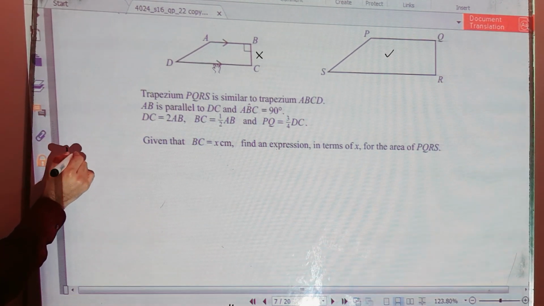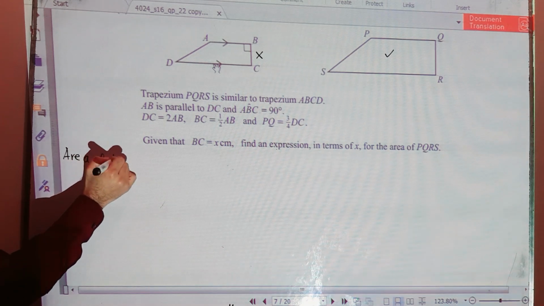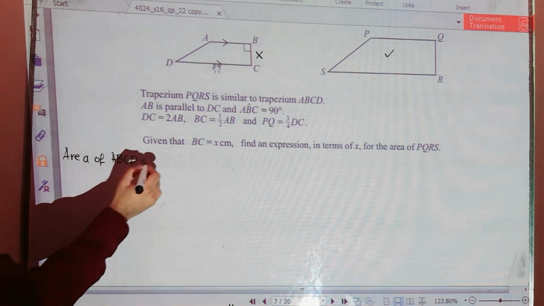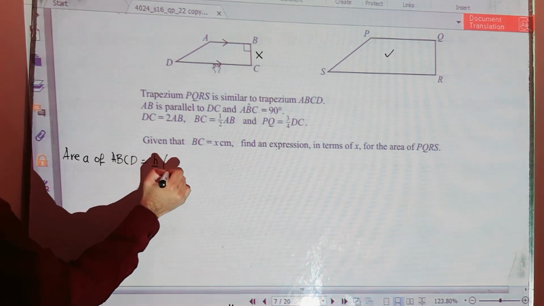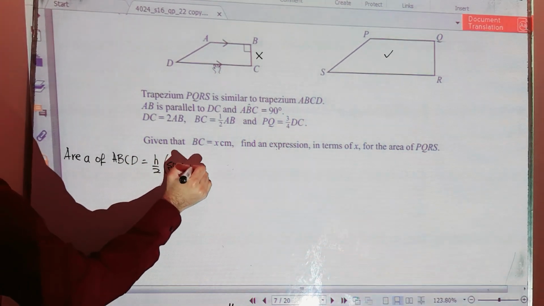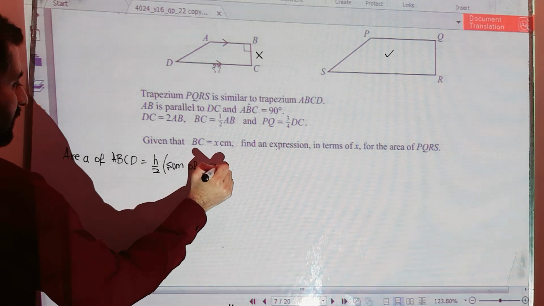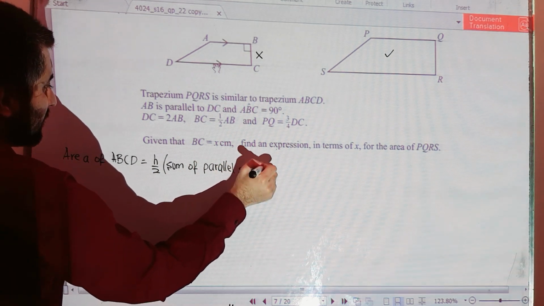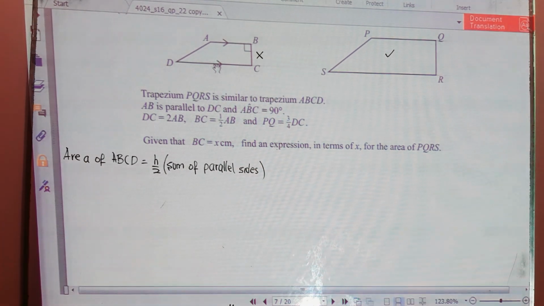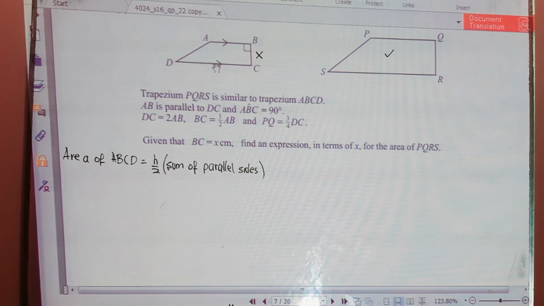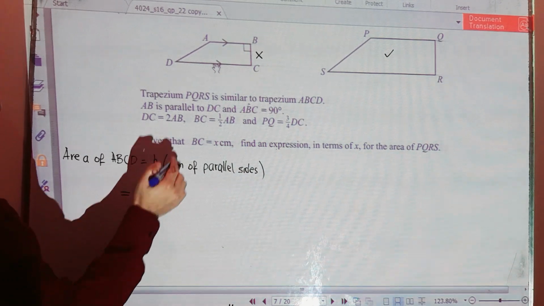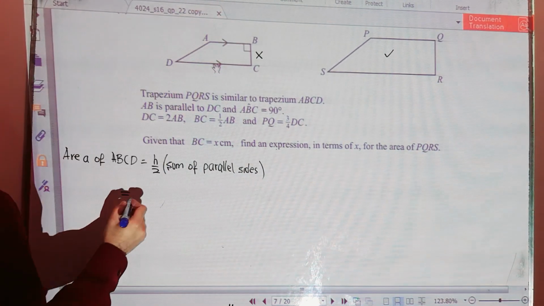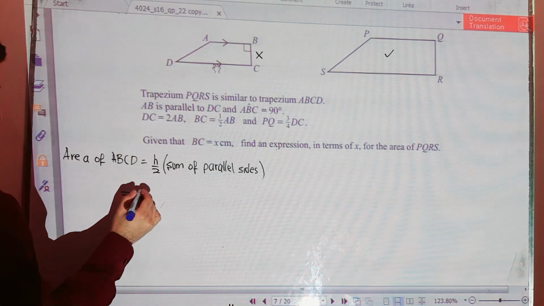So area of trapezium ABCD, and as you know the area of a trapezium is h/2 into the sum of parallel sides, and we have been given parallel sides here. Now the h in this case for this trapezium is BC, and BC is x.